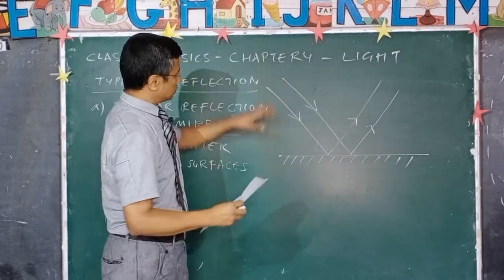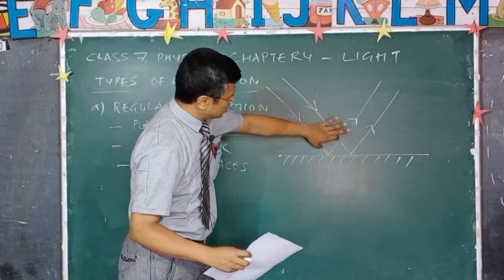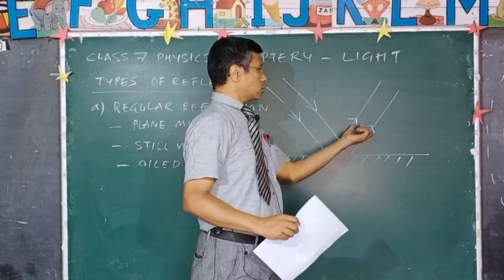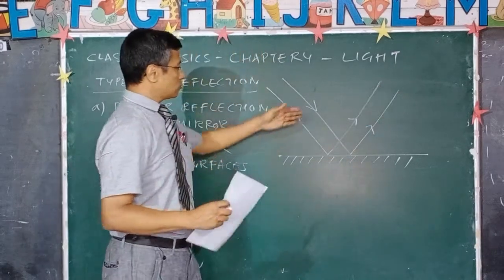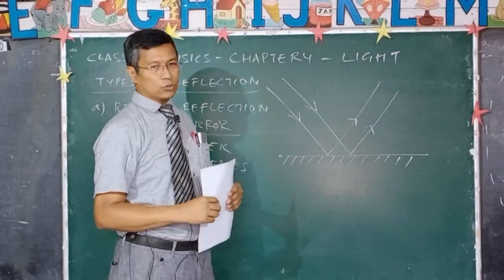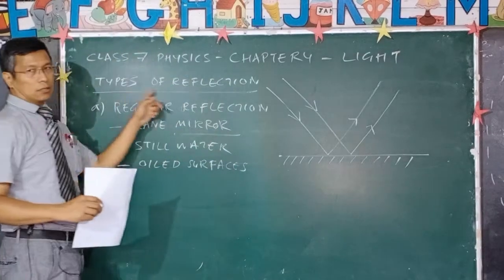You can see that the incident rays are parallel to each other, and when they bounce off, they are also parallel to each other. So if you have a reflection that looks like this, it is called a regular reflection.